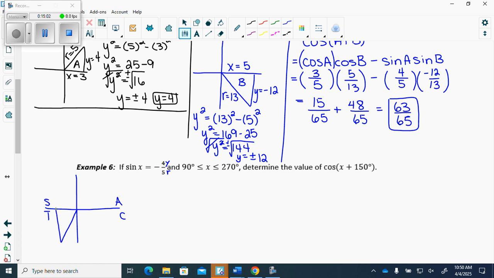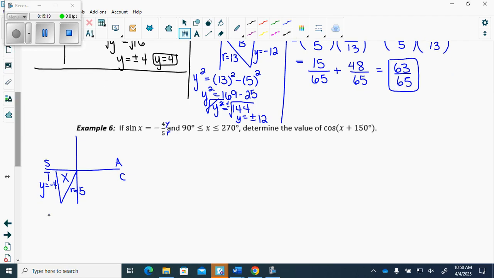Sine, so y equals -4. And you'll catch yourself, I hope. If you put it in quadrant 2, y would be positive, right? So that would be a hint you're wrong. R is 5. This is triangle x. I need to find x. So I get x squared equals r squared minus y squared.